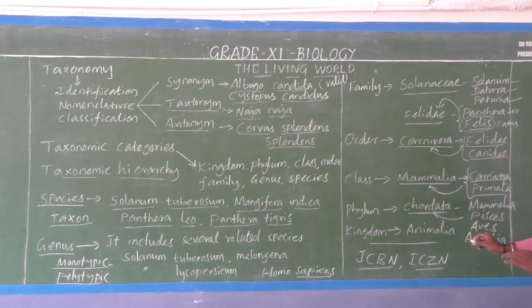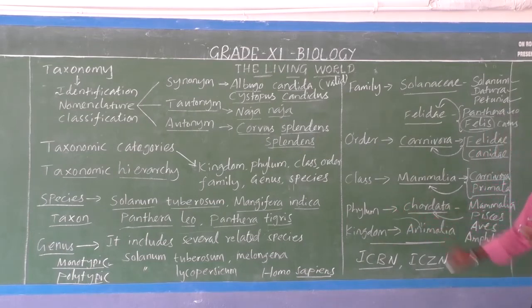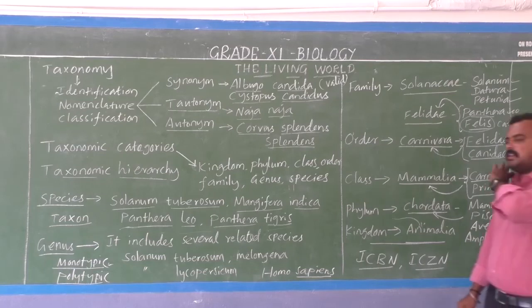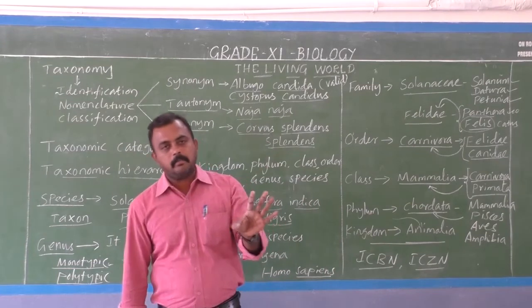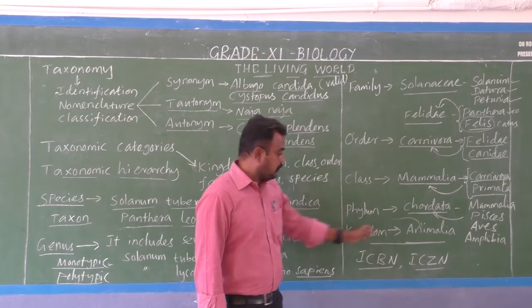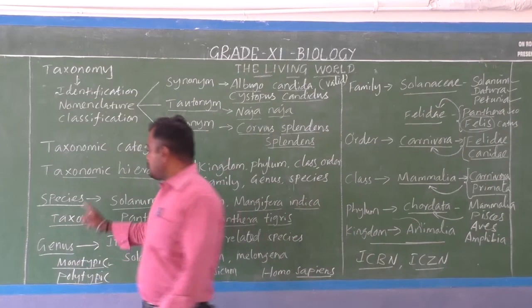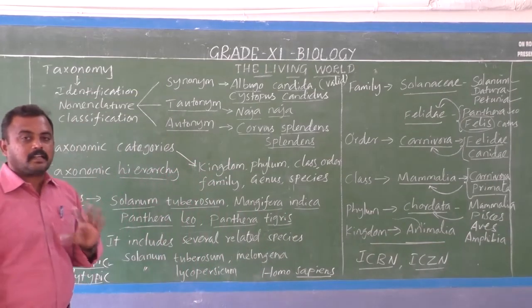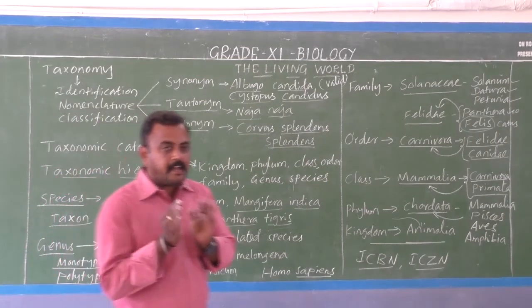The next one, kingdom. It is Animalia. Several related phyla are included in Animalia. So all the different kinds of animals come under Animalia. So it is the kingdom, the highest unit in the classification. Species is the smallest unit in the classification because it is a group of individuals with some common character.